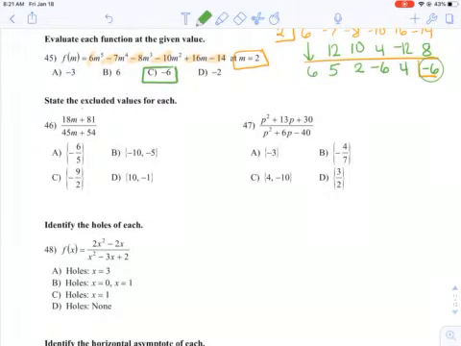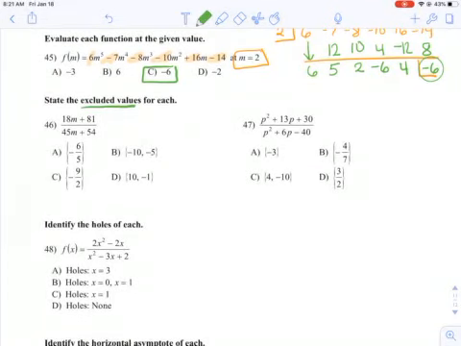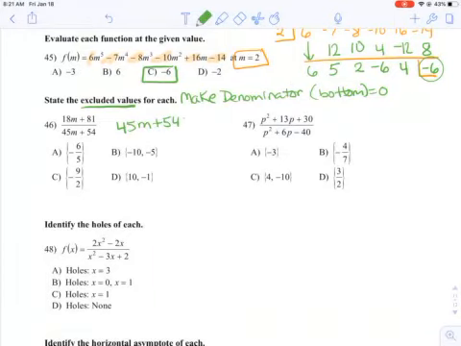State the excluded values. So excluded values are the numbers that make the denominator 0. Okay, so when would 45m plus 54 equal 0? When would that happen?